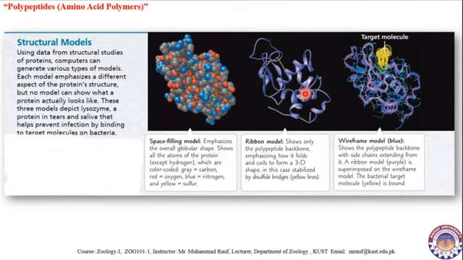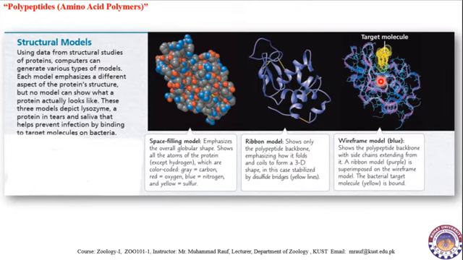Here in the ribbon model, the atoms participating in the formation of the protein are not shown, but this structure refers to the folds and coils the protein undergo to form a three-dimensional structure.